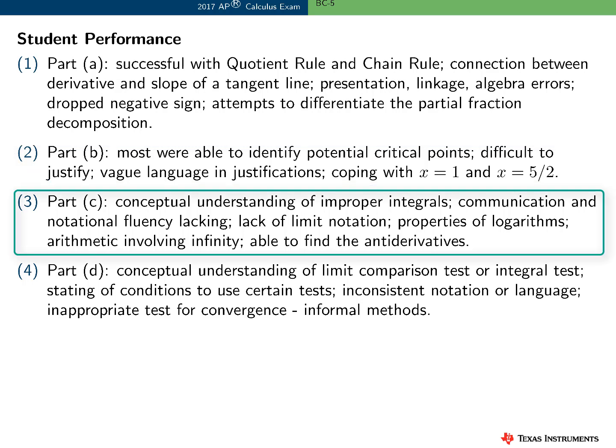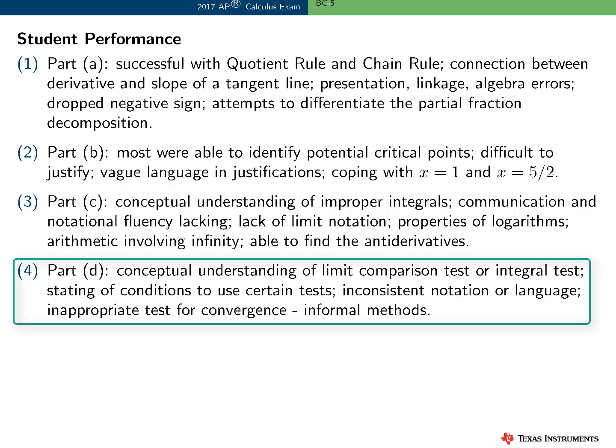In Part C, most students seemed to convey a conceptual understanding of this improper integral. However, some students lacked good communication skills and/or proper notation. There were instances of missing limit notation, improper use of the properties of logarithms, and arithmetic with infinity. Most students were able to find an antiderivative.